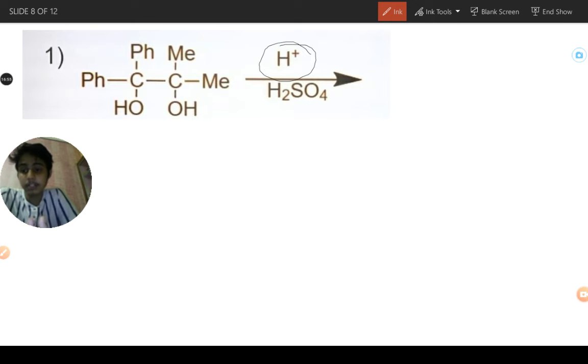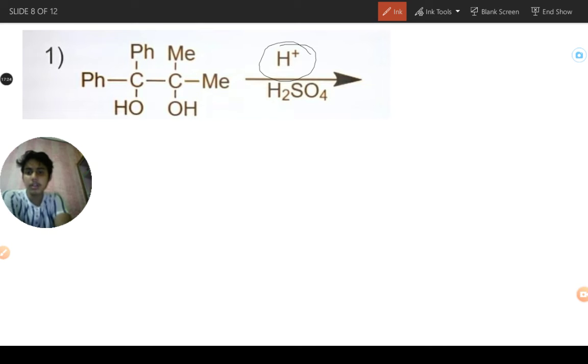This is a very important thing, and the carbocation will be stable. We have seen the protonation will occur at the site where water removal will be easier. So we will be very clearly doing this question. I will be telling you in 2 steps how to complete this reaction. So let's see.